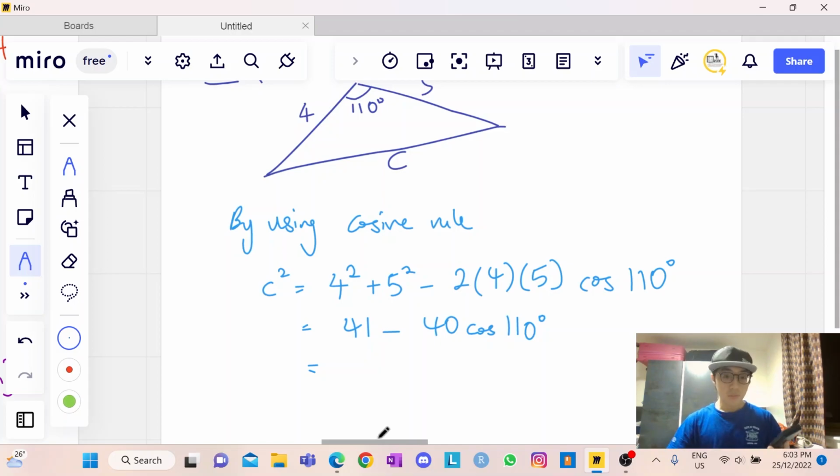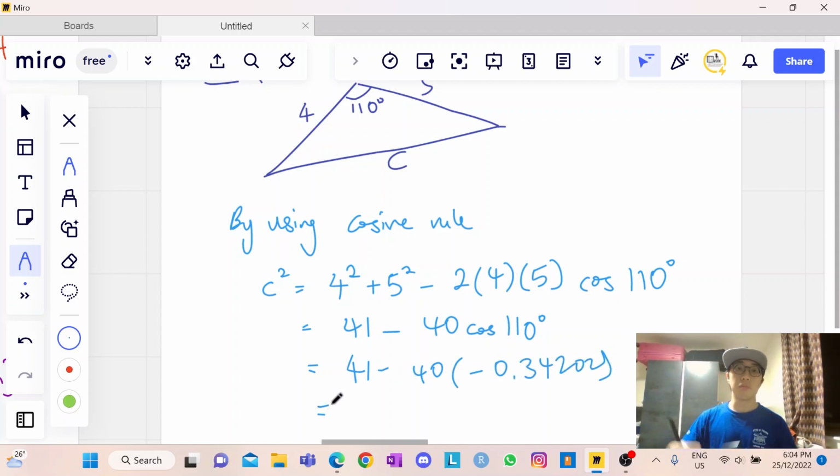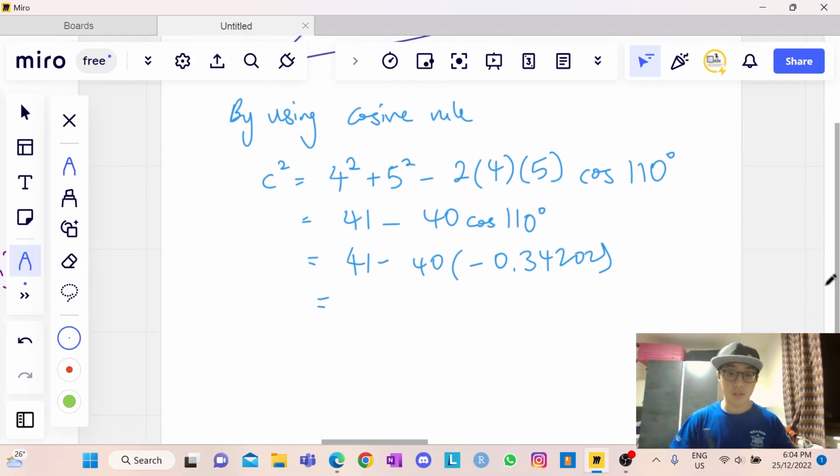So you will get 41 minus 40 multiplied with negative 0.34202. It's better to include more significant figures during your working so that you can get a more accurate answer. So 40 times 0.34202 plus 41, and you will get the answer 54.6808.